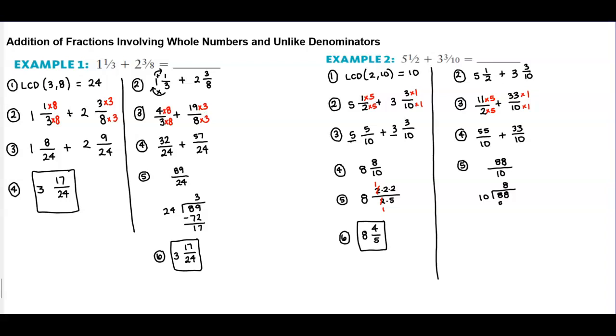So 8 times 10 is 80. When we subtract, we get 8. So we have a quotient of 8 with the remainder of 8 over 10. And if you saw in the previous step, we would see that this becomes 8 4/5.